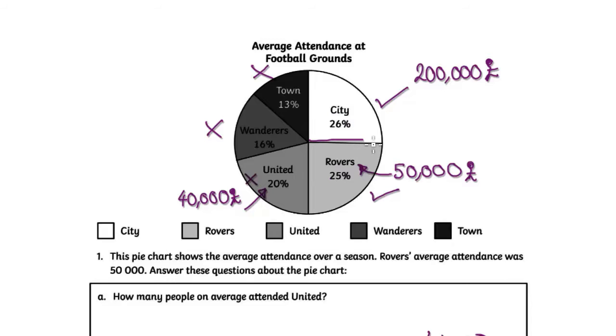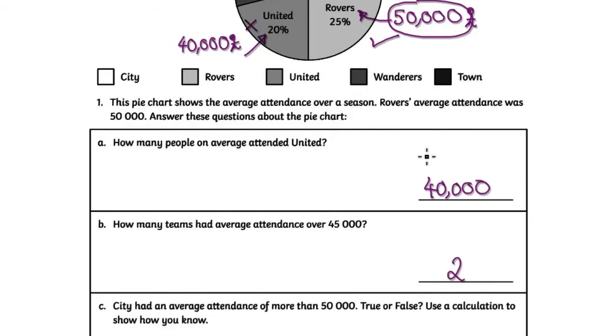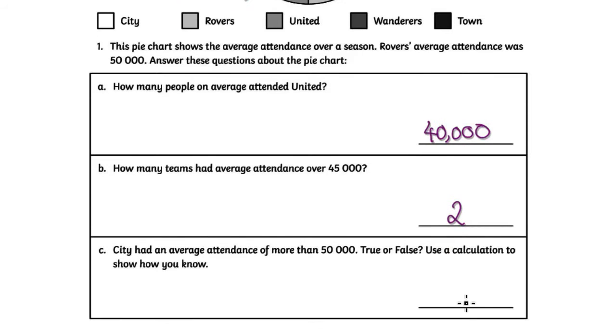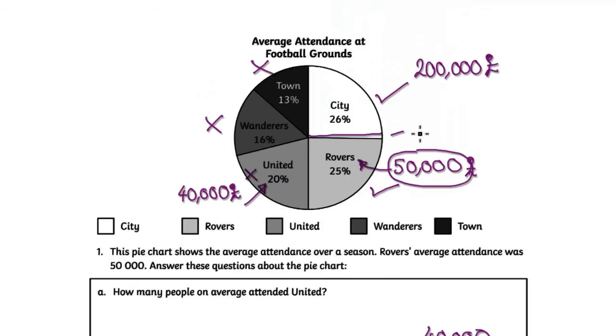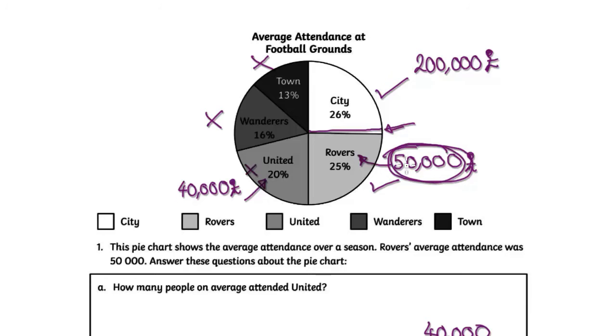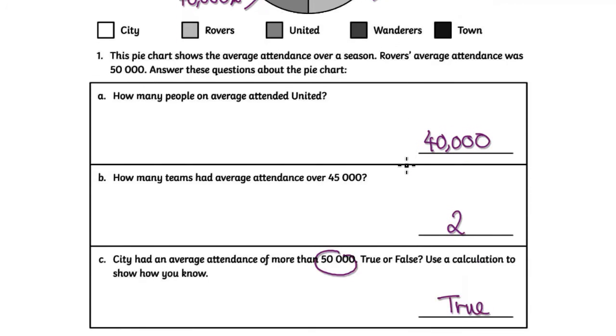So you've got an extra piece, therefore it must mean it's more than 50,000. So the answer here must be true. If City has an extra 1 piece, then it's definitely going to be bigger than 50,000. So the answer here would be true.